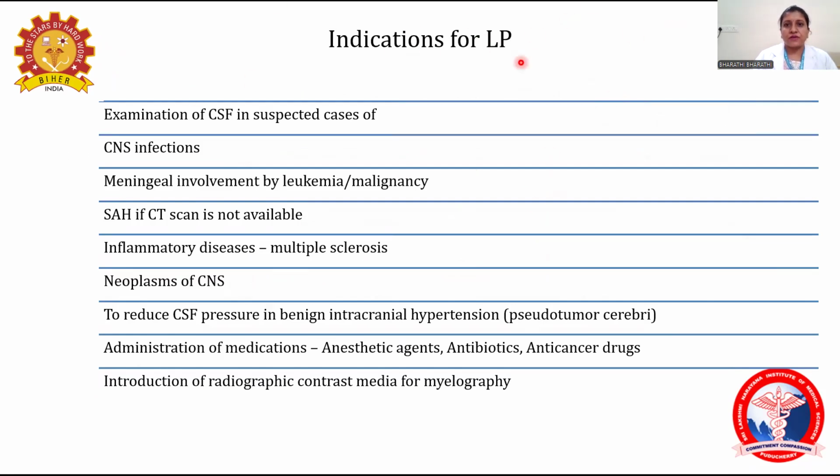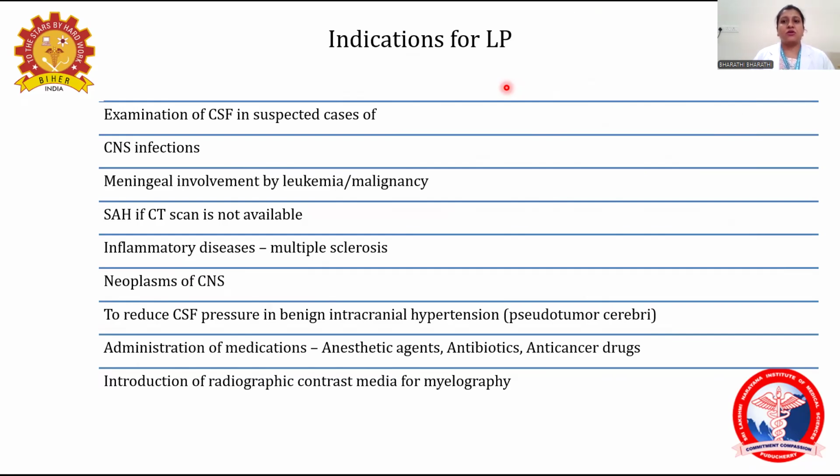What are the indications of LP? LP is the lumbar puncture. It's an invasive procedure, very harmful and dangerous, so we are not advised to go for lumbar puncture in all patients. What are the conditions or indications where LP is done? That is, examination of CSF in suspected cases of meningitis, or meningeal involvement by leukemia or malignancy.